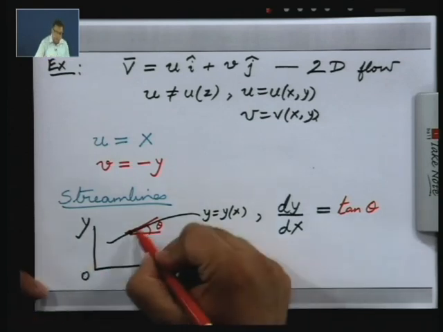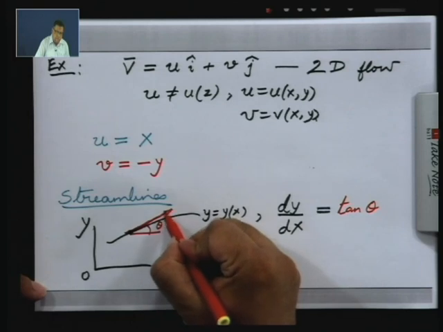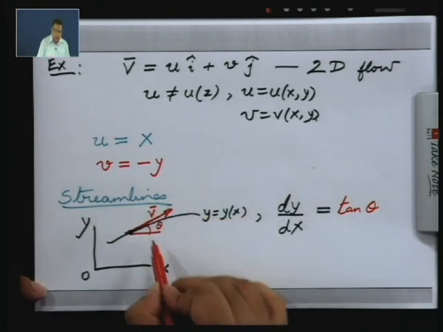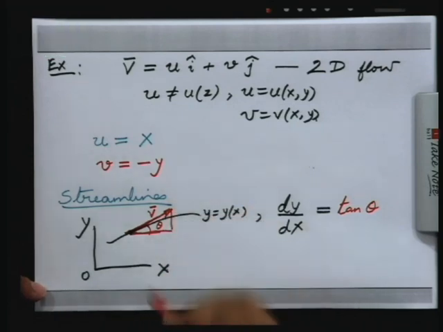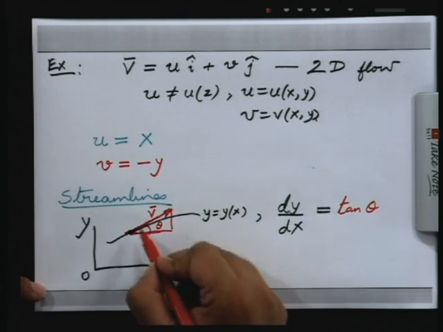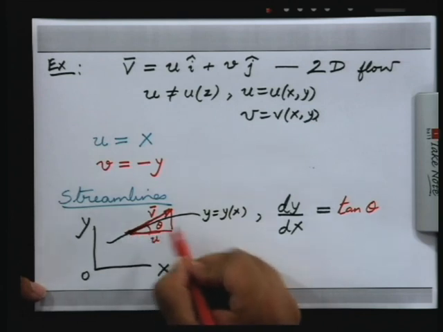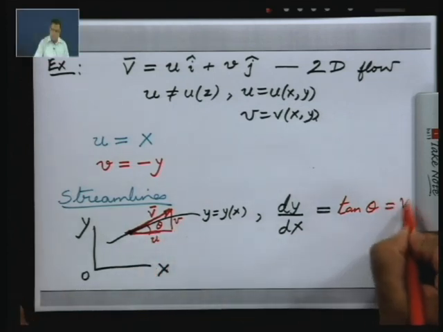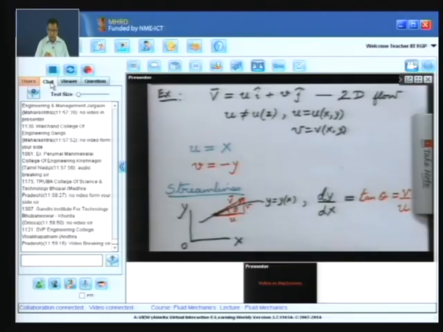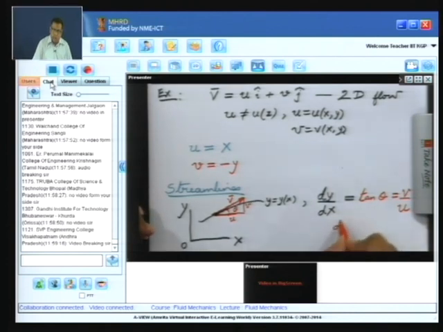Now, if this is the velocity vector v, it has a component in the x direction which you are calling u and the component in the y direction which you are calling v. So, this will be your u and this will be your v. So, you can see that tan theta is also equal to v upon u. So, this is the equation of the streamline in 2D. So, this equation you may also write in the form dx by u is dy by v.